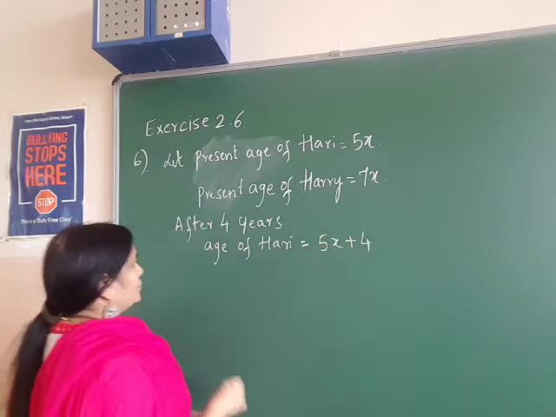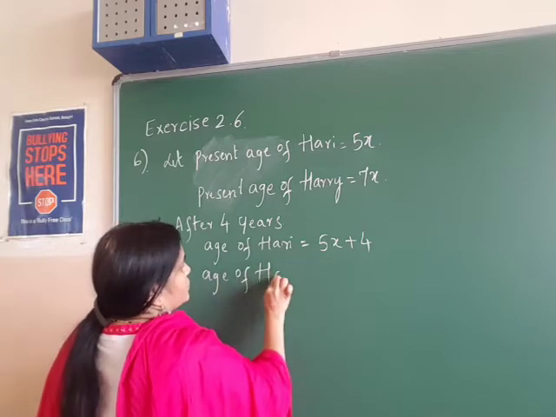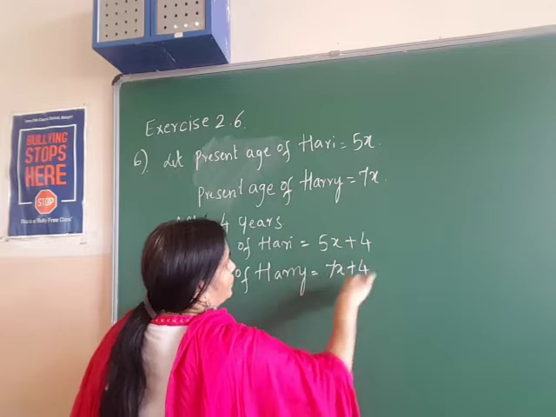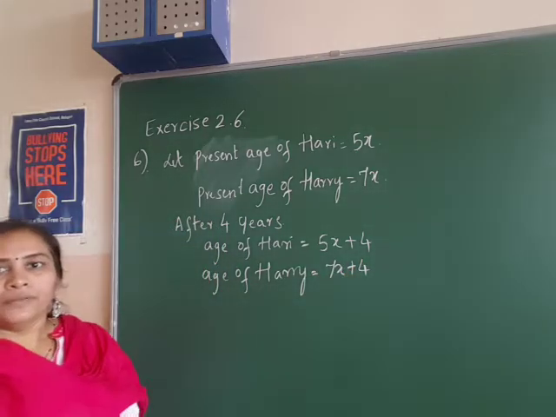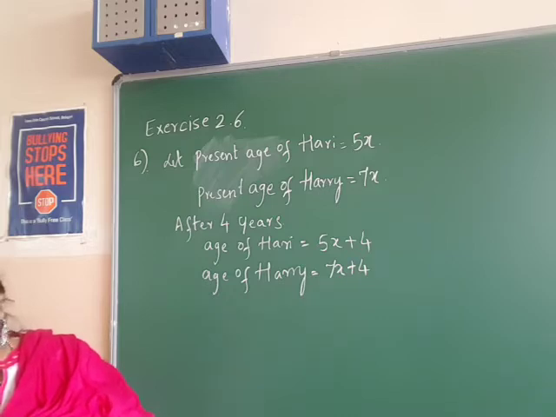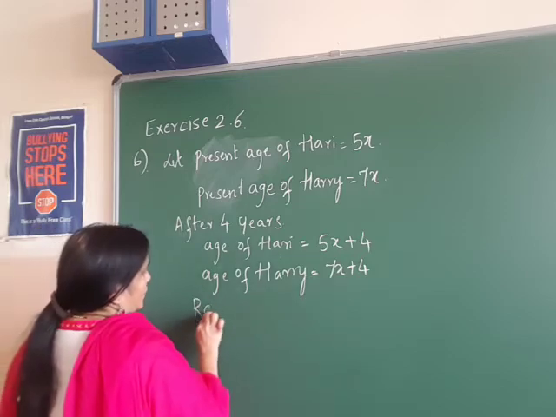You have to add 4 years, and age of Harry is equal to 7x plus 4. Okay. But the ratio is given, it is 3:4. So now here you have to find the ratio of their ages.